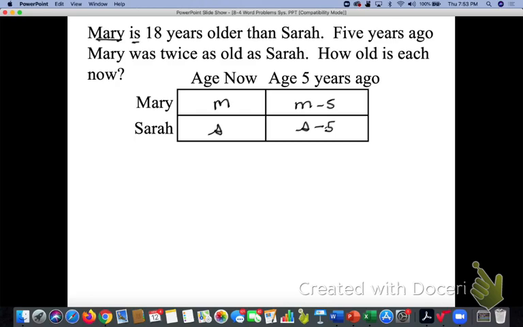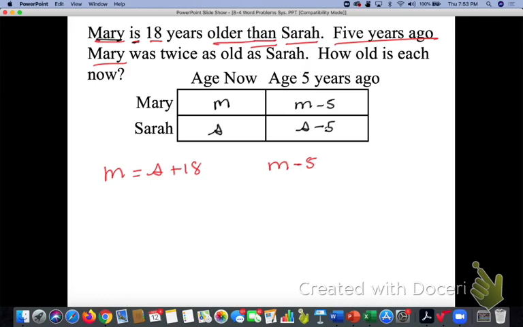Mary is 18 older than Sarah. Hopefully you came up with M equals S plus 18. And 5 years ago, Mary, okay, this is the whole sentence, 5 years ago, Mary, it would be M minus 5.